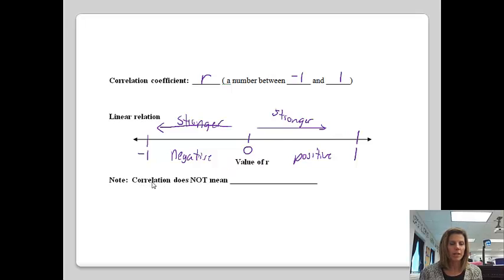Right, and the last thing that we just want to note is that correlation does not necessarily mean causation. Just because they're related doesn't mean that one thing caused the other.